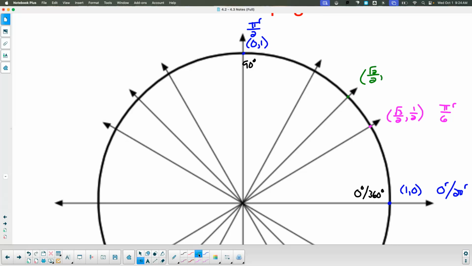Root 2 over 2, comma, root 2 over 2, pi over 4. Then here, one half, root 3 over 2, pi over 3. Let's fix that one because that was a really bad 2.